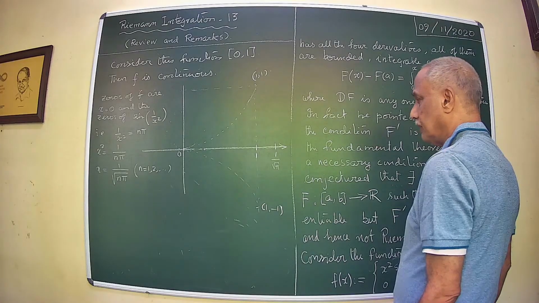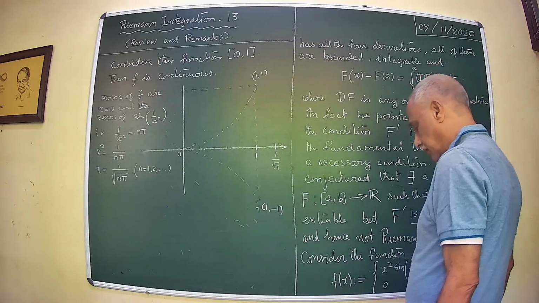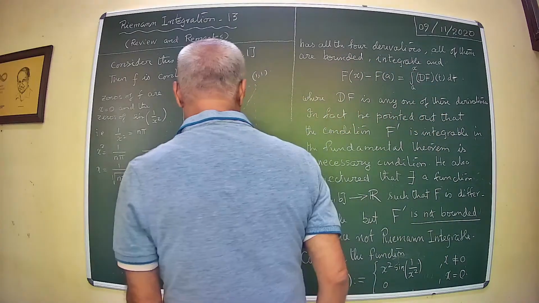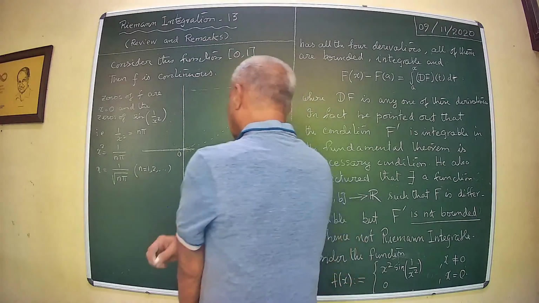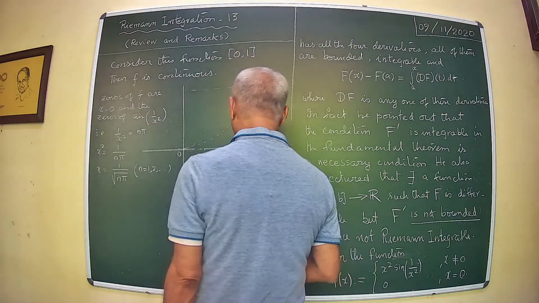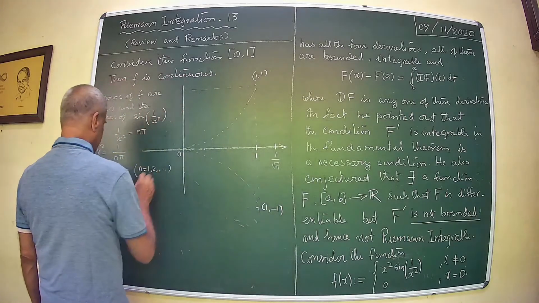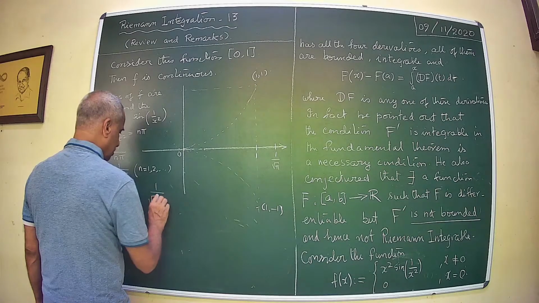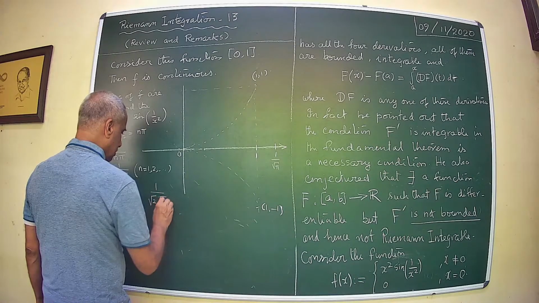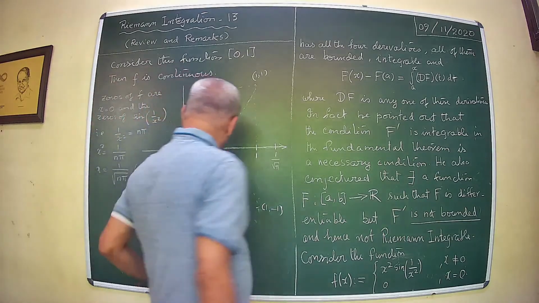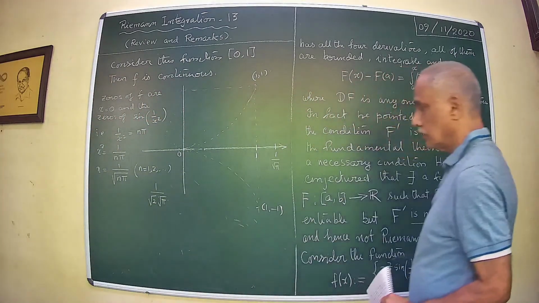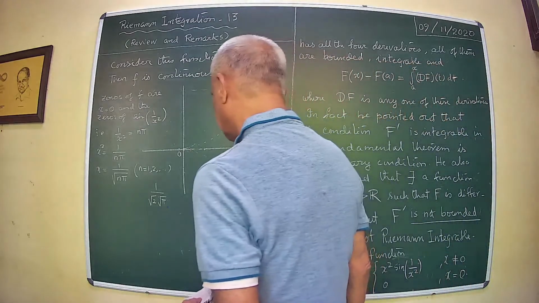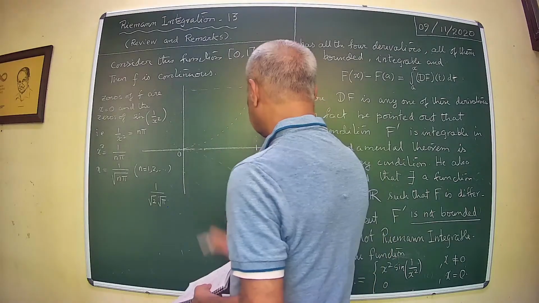When n equal to 2, you get 1 upon root 2 pi, so it is less than this.